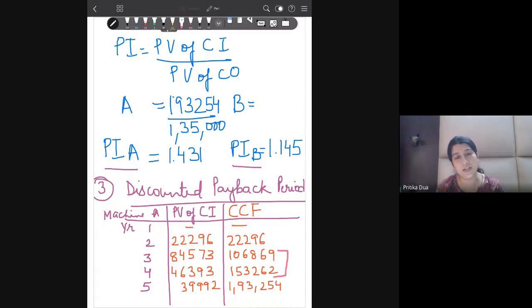So after the third year, but before the completion of fourth year, somewhere in between, you are able to recover the initial investment. So now the formula for the payback period was, I'm just writing it here. I'll add a new page. That would be better.